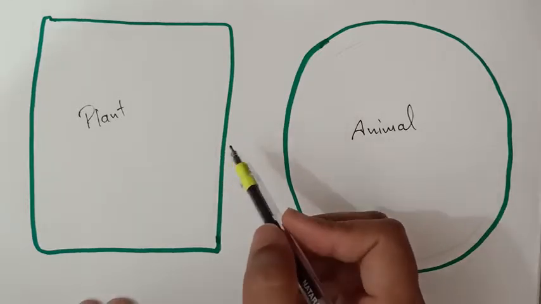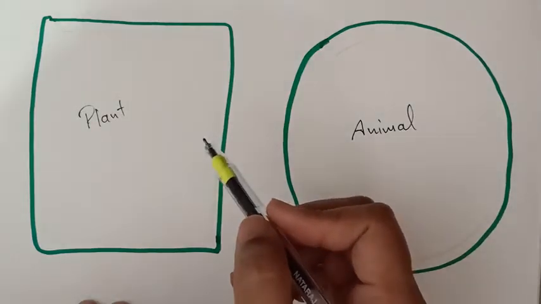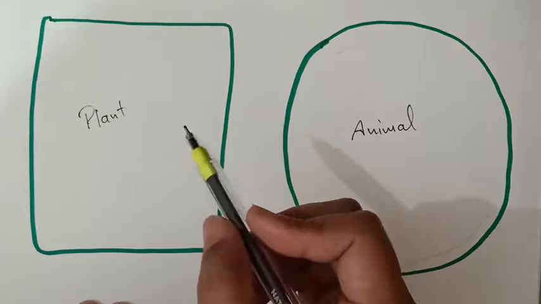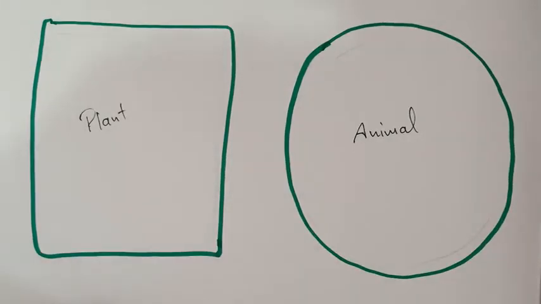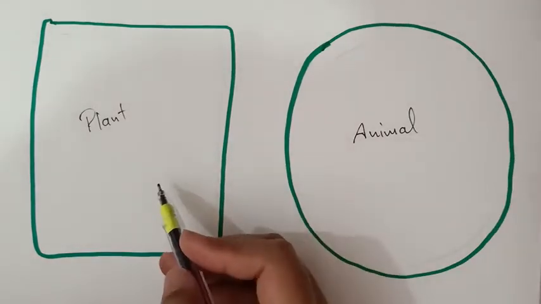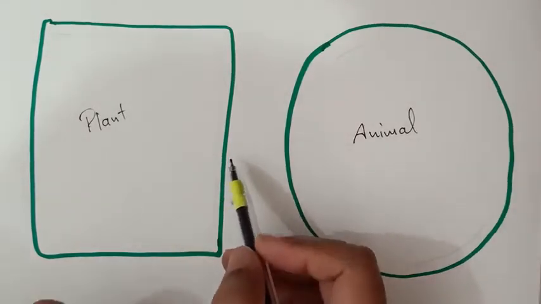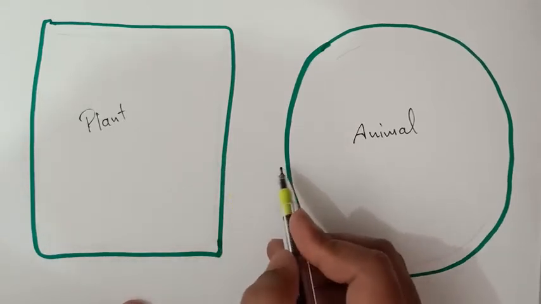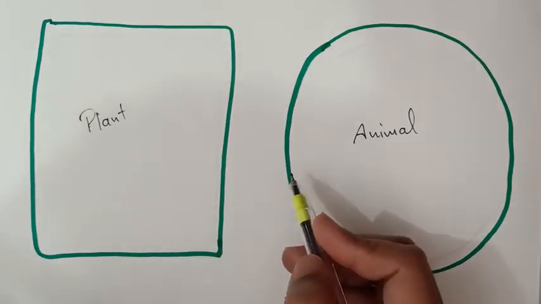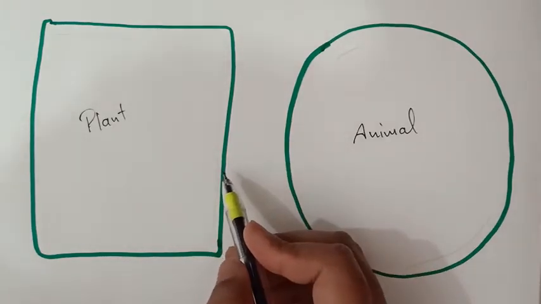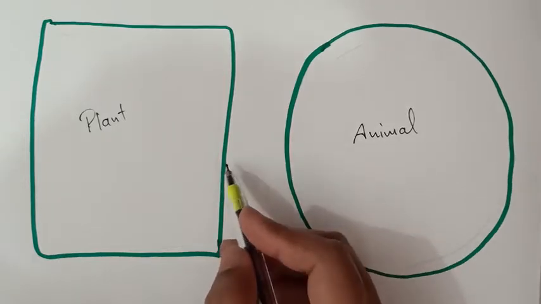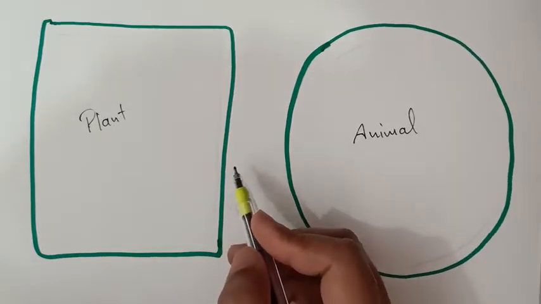Plasma membrane is chemically made up of a bilayer of lipids and proteins. Student, lipid is fat. So these membranes are made up of protein as well as fat, and they are selectively permeable.